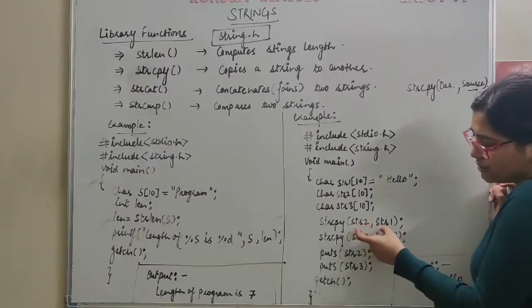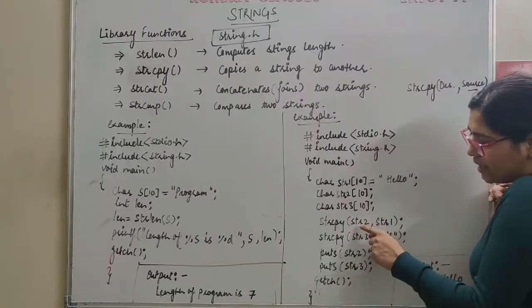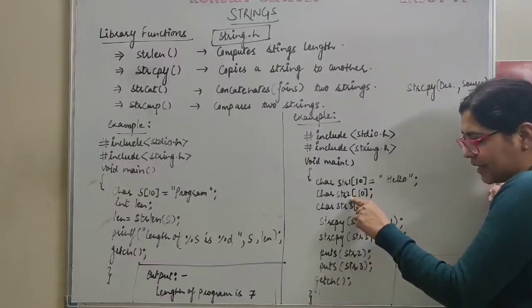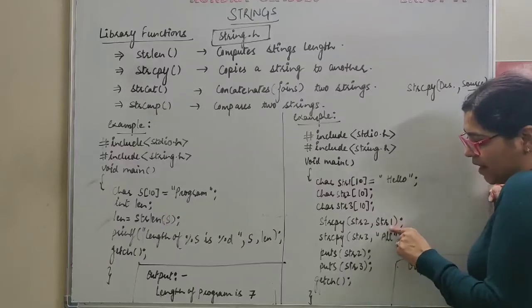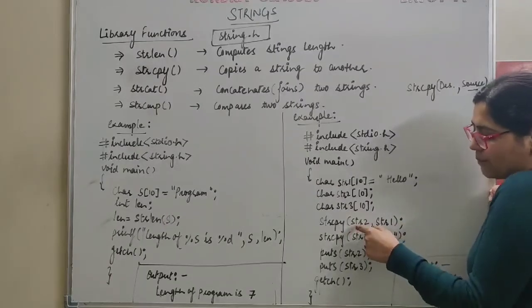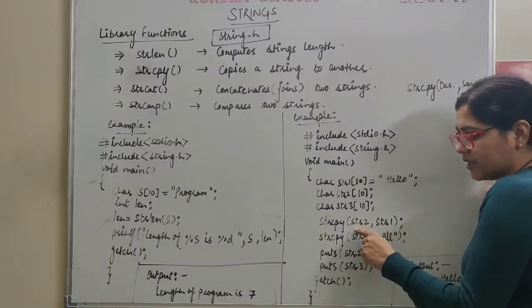So I have mentioned 2 strings here. पहली str2, इसमें कॉपी कर रहे हैं, and str1 के कंटेंट को कॉपी कर रहे हैं. So ये स्ट्रिंग कॉपी कर देगा आपके str1 के कंटेंट को str2 में.